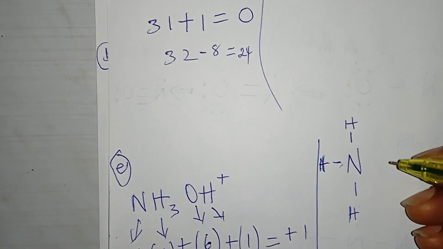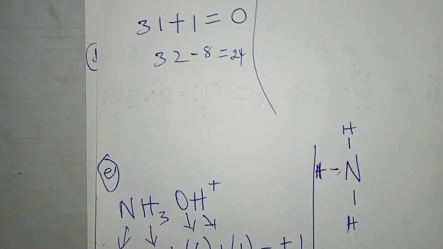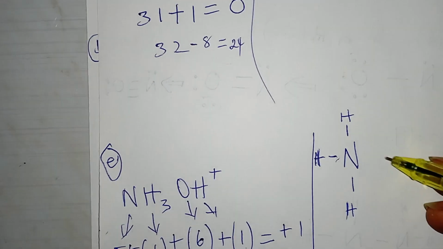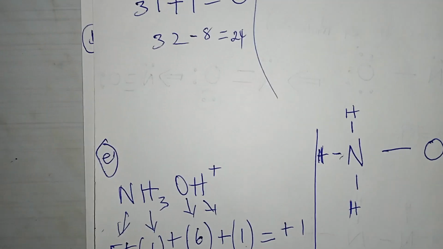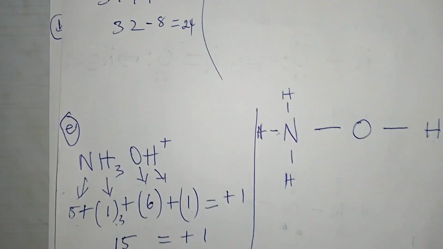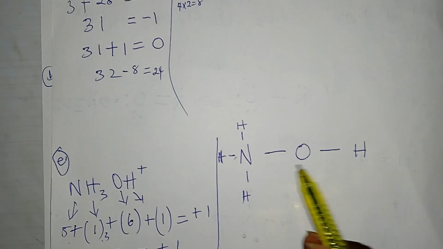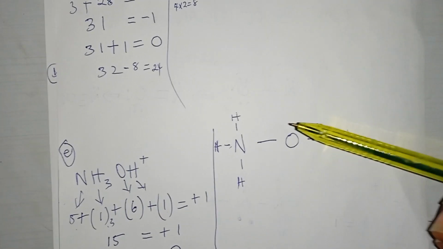Now the next part is the O. So I draw a bond, put O, then a bond, put this H. Once I'm through with this, you can see automatically that this is not complete, but that's not our goal.